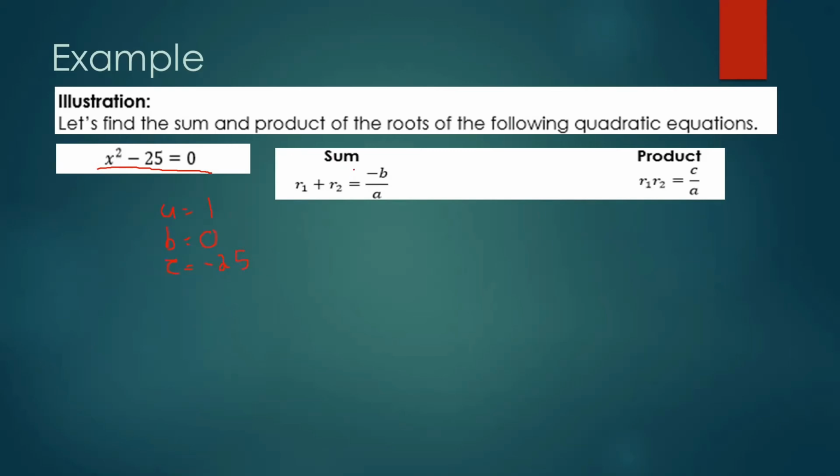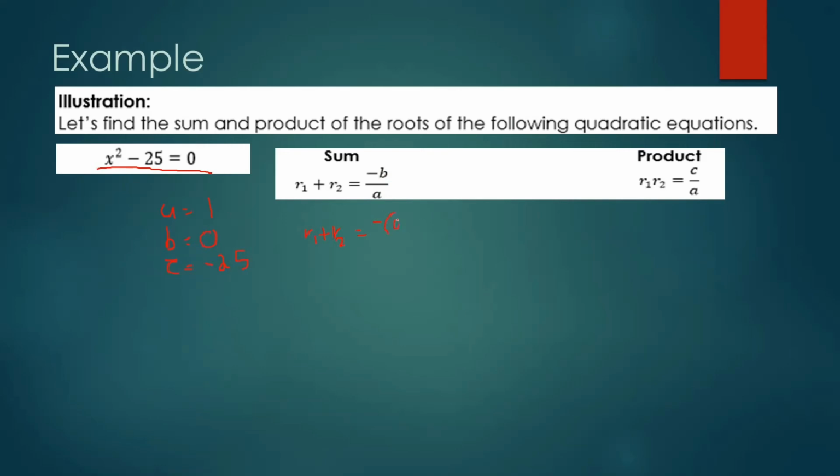of our roots. So, for our sum, this means the sum of our root 1 and root 2 is equal to negative b over a. So first, let's put the sign negative. Then, followed by substituting the value of b. So what is the value of b? That is 0.